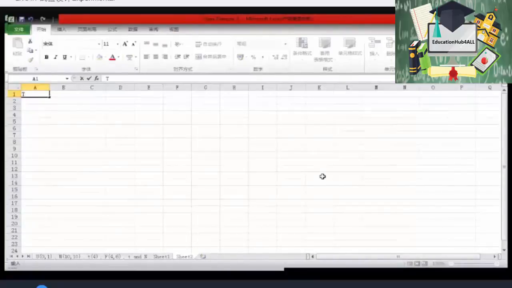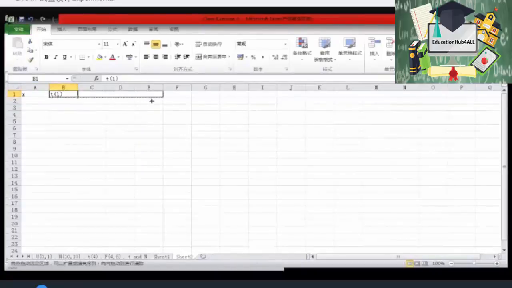Let's say we want to have the T distribution with only 1 degree of freedom. This is like an X value. We just draw maybe 4 degrees of freedom, okay?